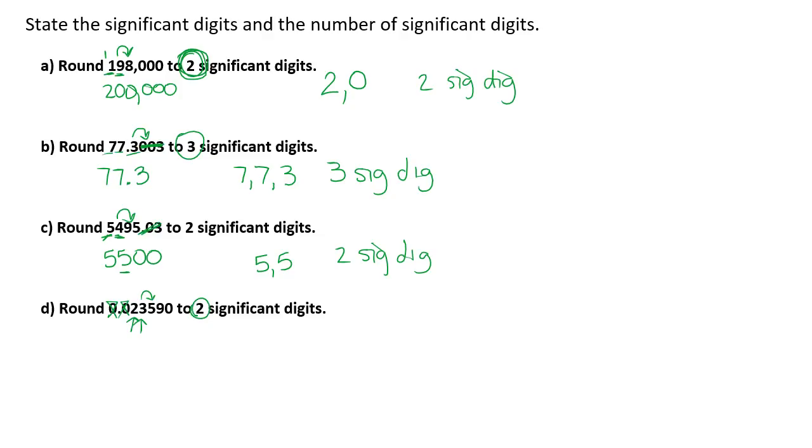It is 5 or greater, so it becomes a 4, a 2, and now we have to put in these zeros back in again for holding the place that this 2 and this 4 are in, so that it becomes 24 thousandths. And so our significant digits are 2 and 4, and we have 2 significant digits.